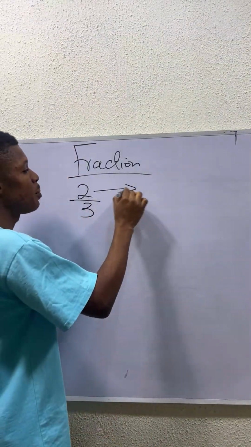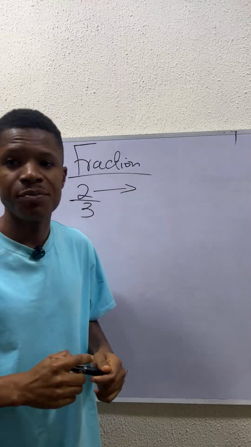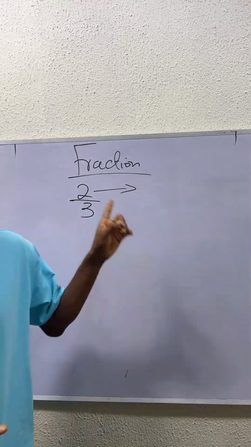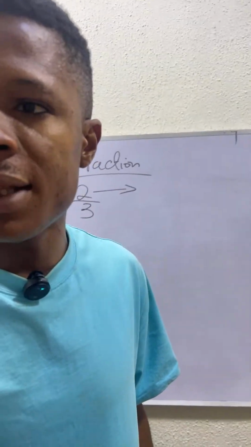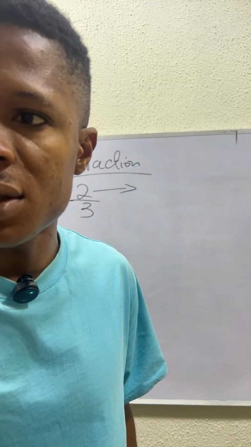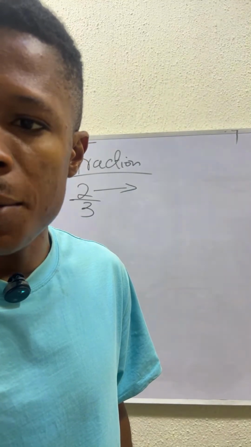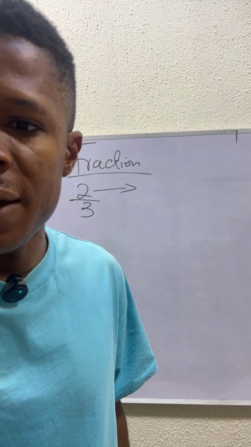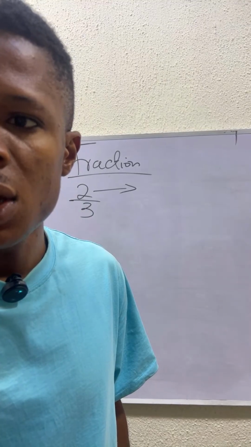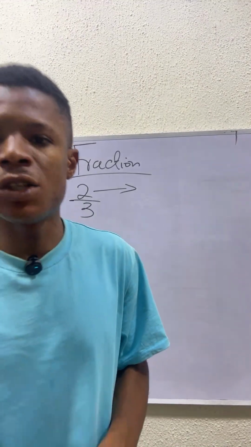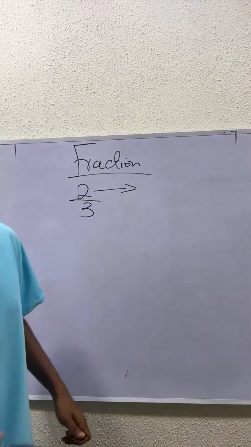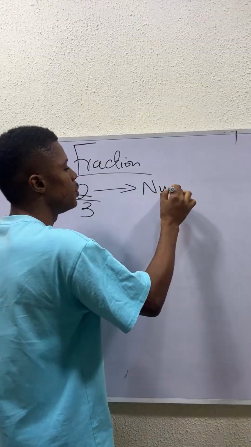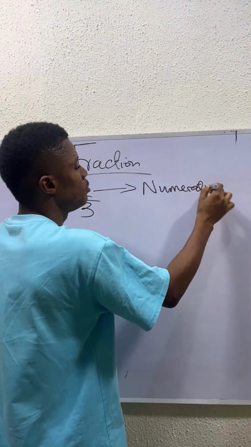The number at the top of a fraction, what do we call it? In a fraction, the number at the top is called the numerator.